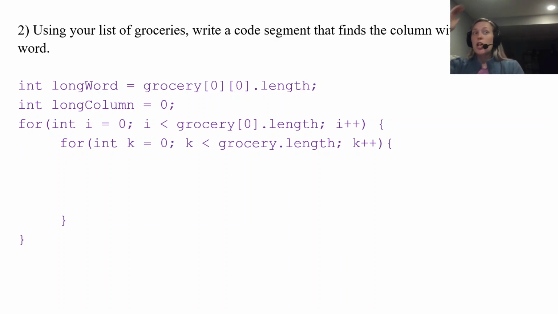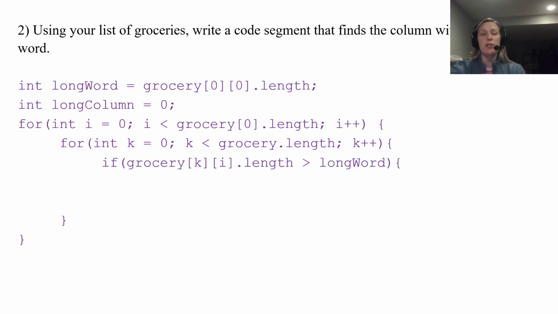So I'm going to traverse through my columns first. I want to check if my current element, again, because K represents my rows and I is my column, I want to check if my current element's length is greater than my long word length. Okay, because if it is, then I have a new long word. If it's not, I don't care, I move on to the next word, right?